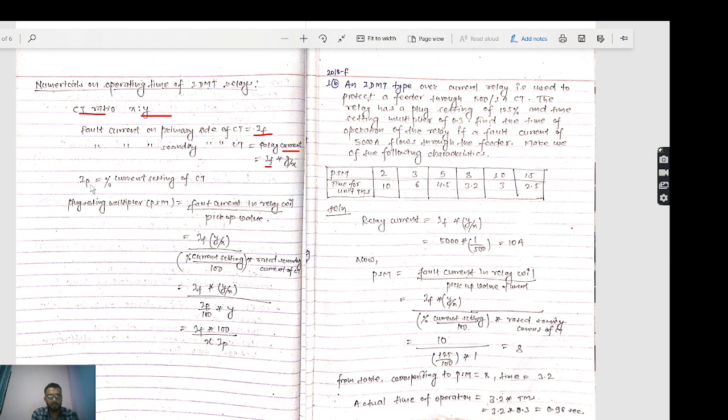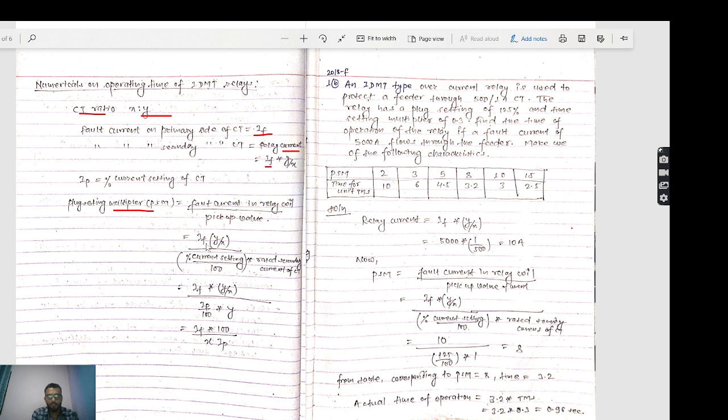Suppose the percentage current setting of CT is given as IP, and to calculate the plug setting multiplier we have the PSM. It is the fault current in the relay coil upon the pickup value. The fault current in the relay coil is the relay current, IF into y upon x.